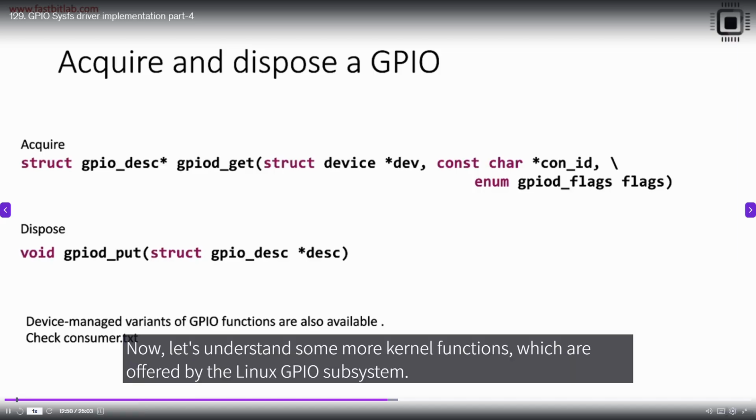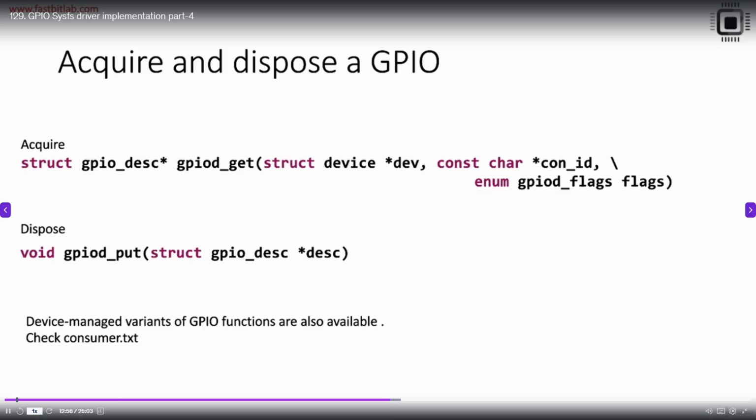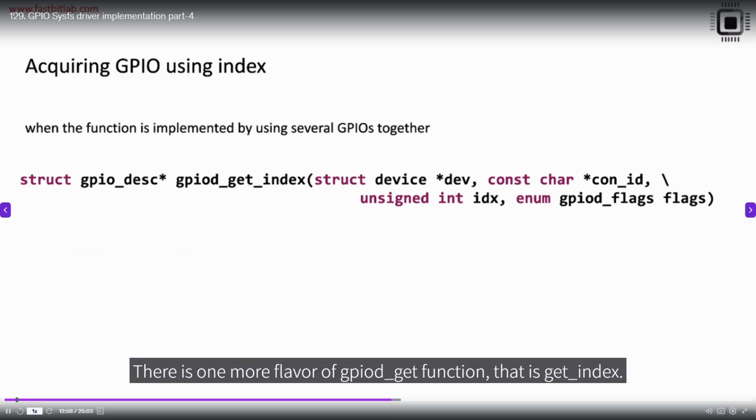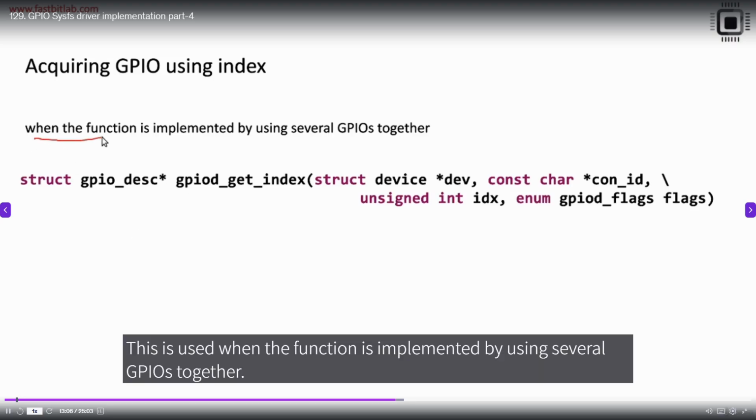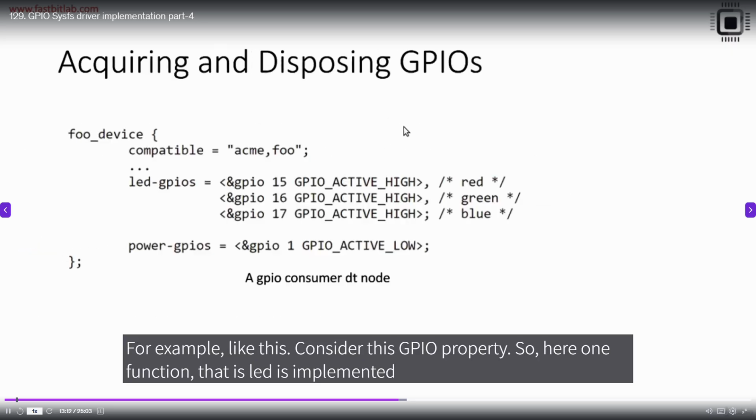Now let's understand some more kernel functions which are offered by the Linux GPIO subsystem. There is one more flavor of the gpiod_get function, that is gpiod_get_index. This is used when the function is implemented by using several GPIOs together. For example, consider this GPIO property.